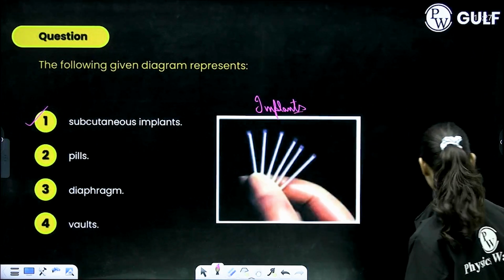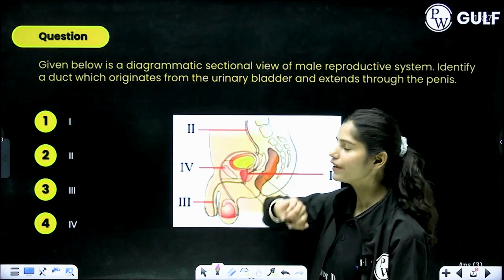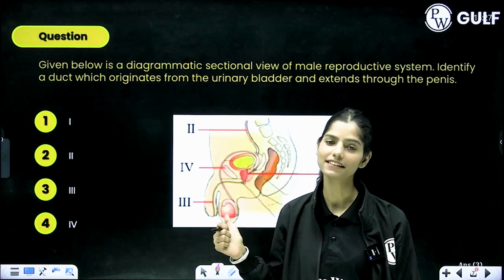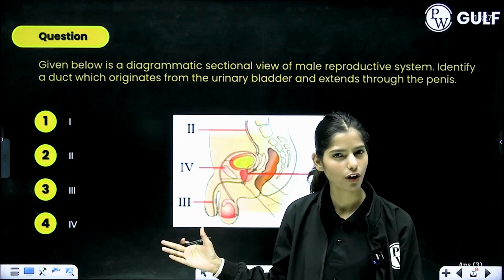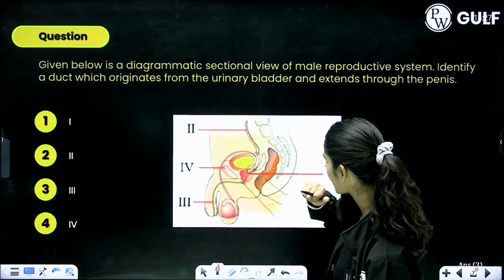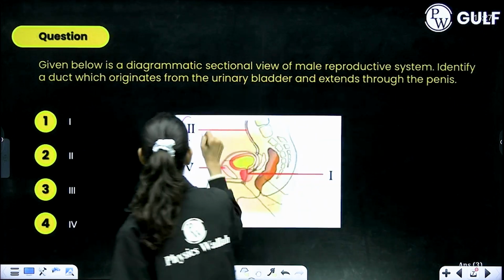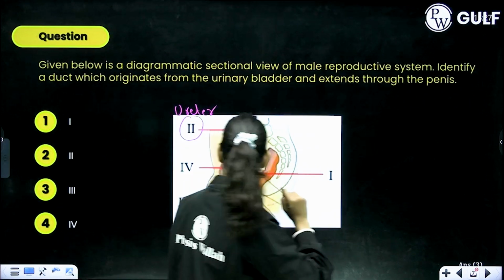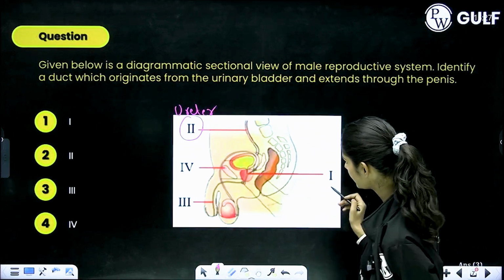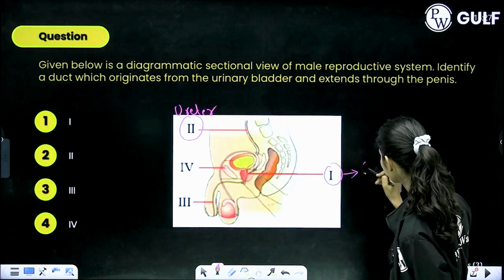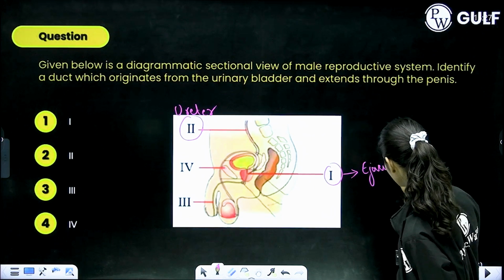Okay, let's see the next question. Here we have a diagram from the chapter human reproduction again, and this is actually the lateral view of the male reproductive system. Let's label the diagram. The second part that we see is the ureter. The first part is the ejaculatory duct.